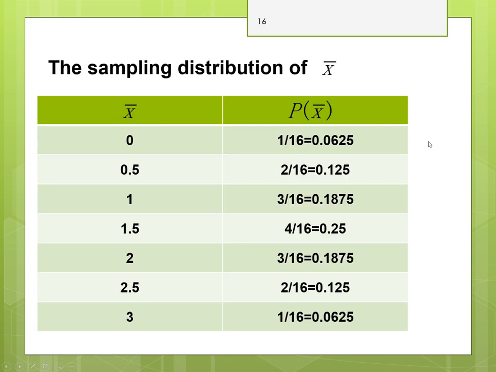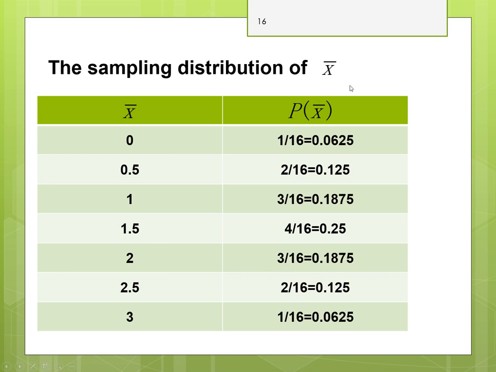Okay, so here we can list all the numbers of X bar with their corresponding probability. So we can find that X bar can be 0 and its probability should be 1 over 16. X bar can be 2 and its probability should be 3 over 16.